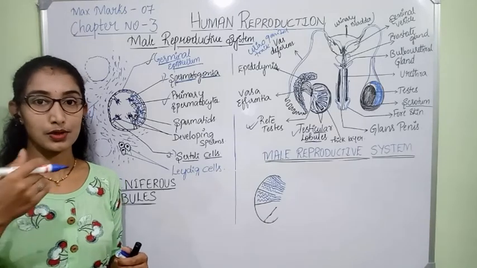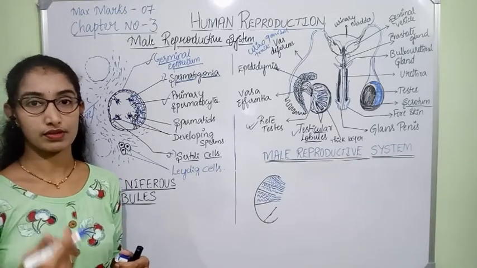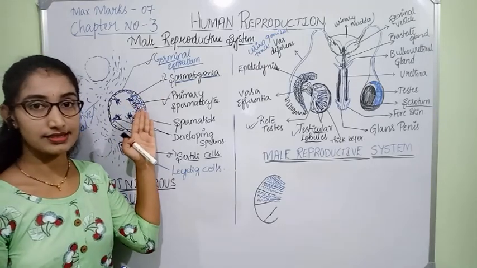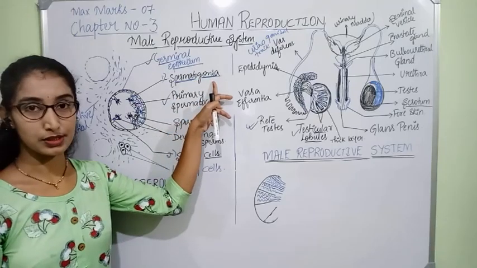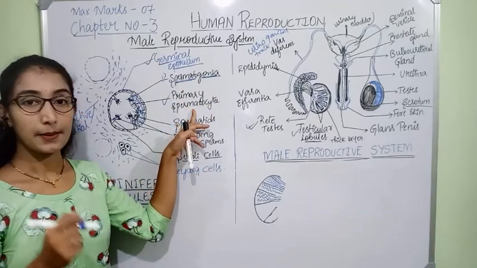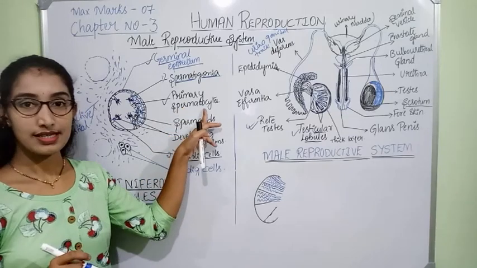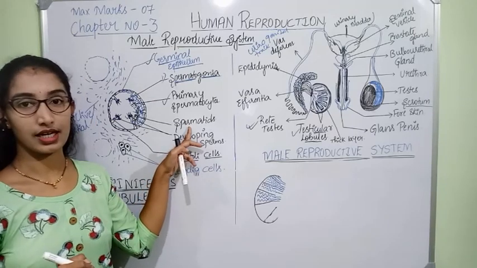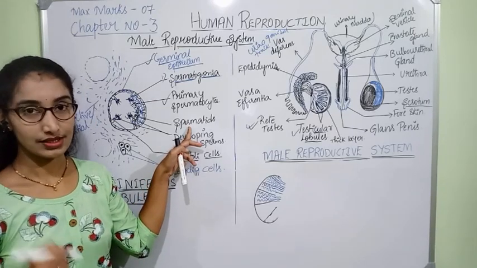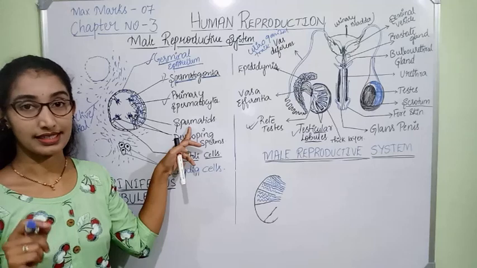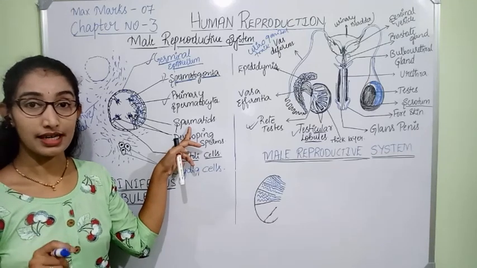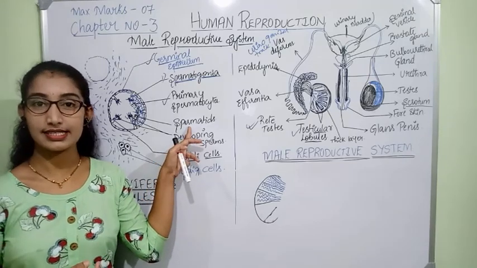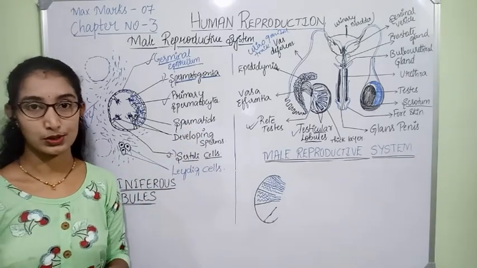Next to spermatogonia comes the primary spermatocyte, and this primary spermatocyte again undergoes development to form spermatids. The spermatids are always in haploid condition. We'll discuss this in detail when we study spermatogenesis.